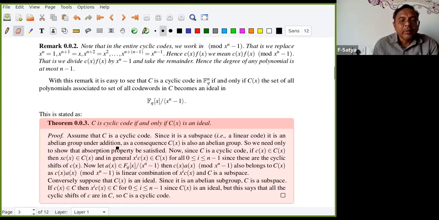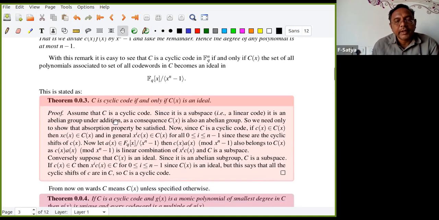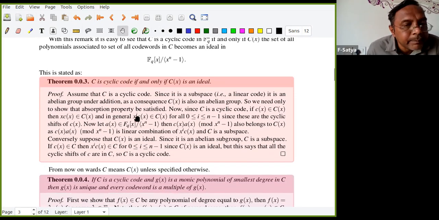So coding theory is now confined to ideals of Fq[x]/(x^n minus 1). That is it. Which ideals I have to take, those questions will come later. That is the entire content of cyclic codes.